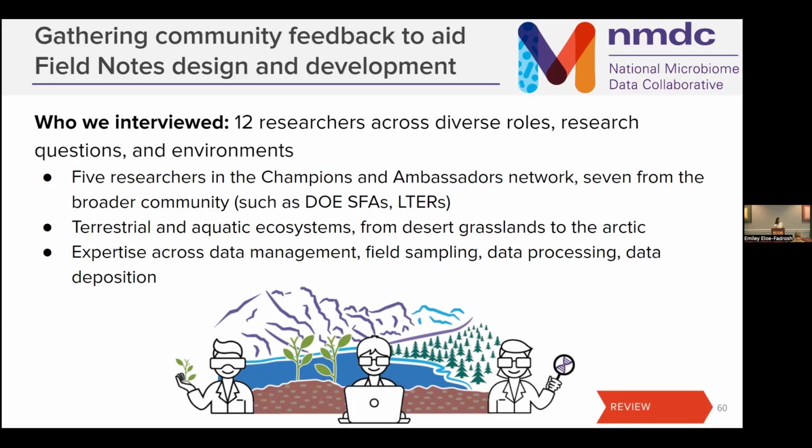We also had a lot of diverse ecosystems, from researchers doing desert grassland research all the way up to sampling from lakes in the Arctic, which sounded very cold. All of our researchers had expertise across data management, field sampling, data processing, and data deposition, so they were able to give us really great insights across the data generation lifecycle.